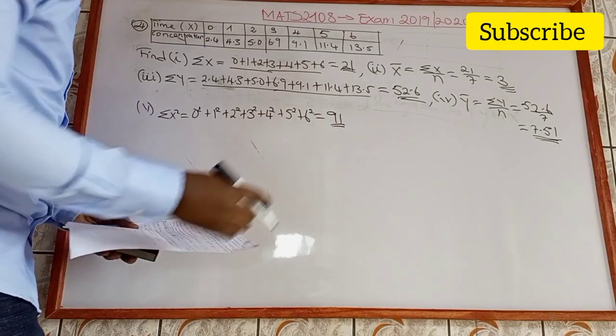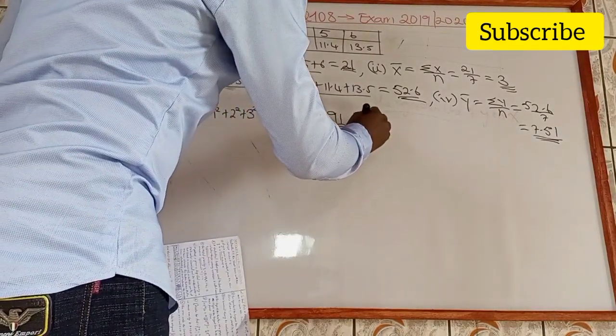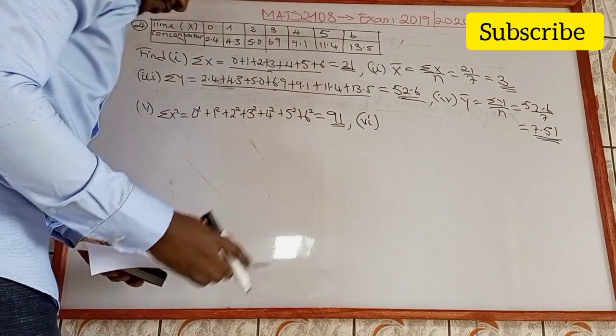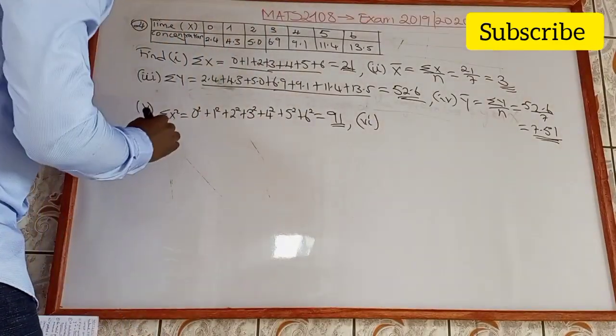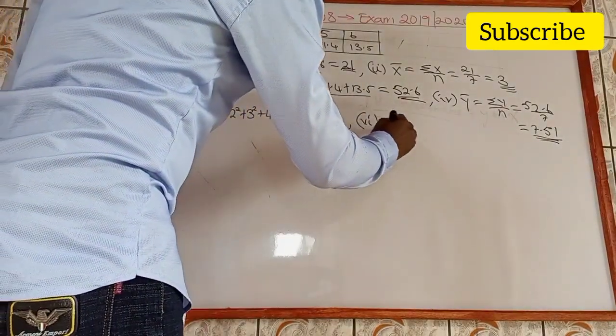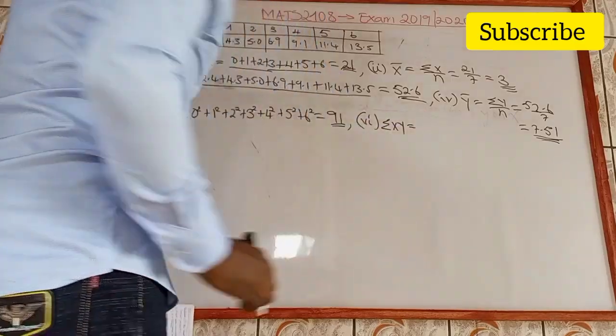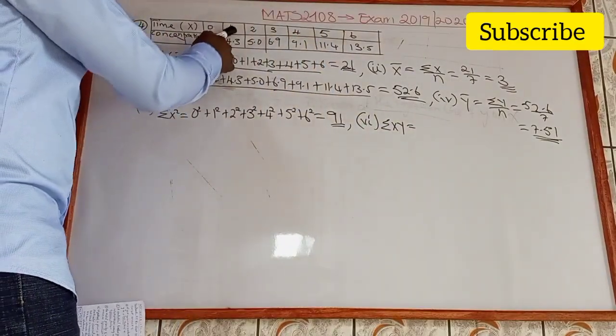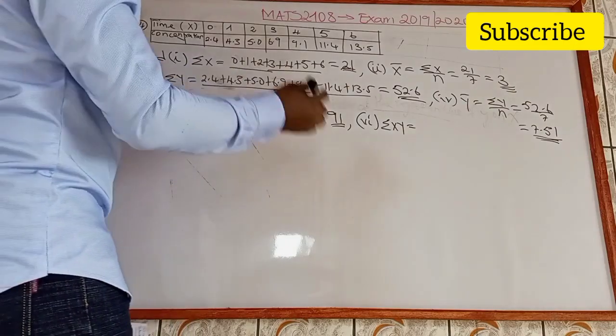And then the next one says that we should find the sum of xy. Of course, the sum of xy means we multiply x and y and then add everything.